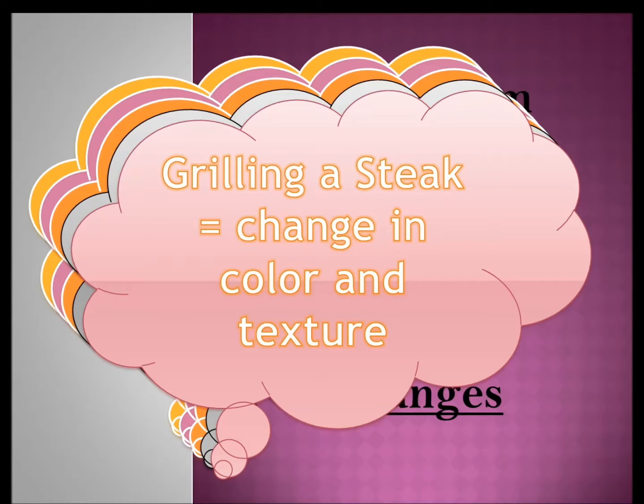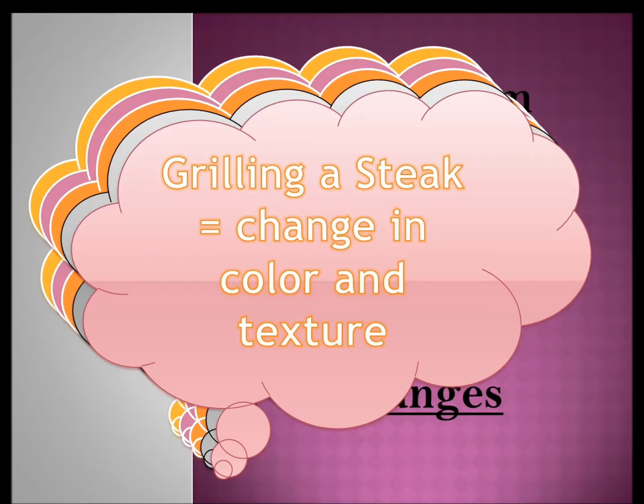I use this example because everyone has a specific way they like their steak cooked. Maybe you are a well done kind of girl. Maybe you are a medium rare kind of guy. Or maybe the opposite. I like mine medium. But if your steak is overdone or underdone, you can tell because it tastes funny to you.